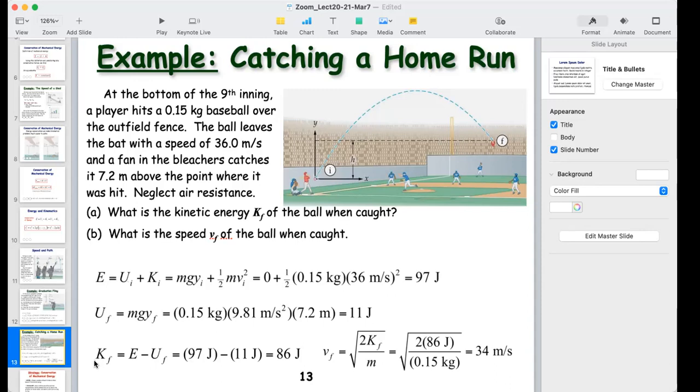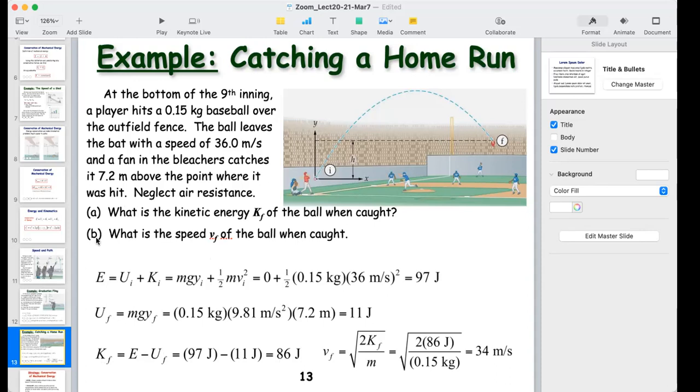So K final is equal to E minus U final. So E is 97 joule minus U final, which is 11 joule, and it gets to 86 joule. Perfect. So this is the answer to question A.